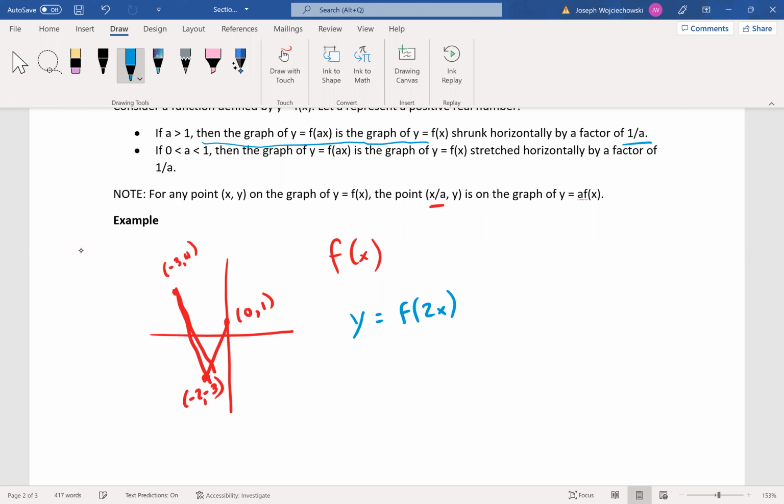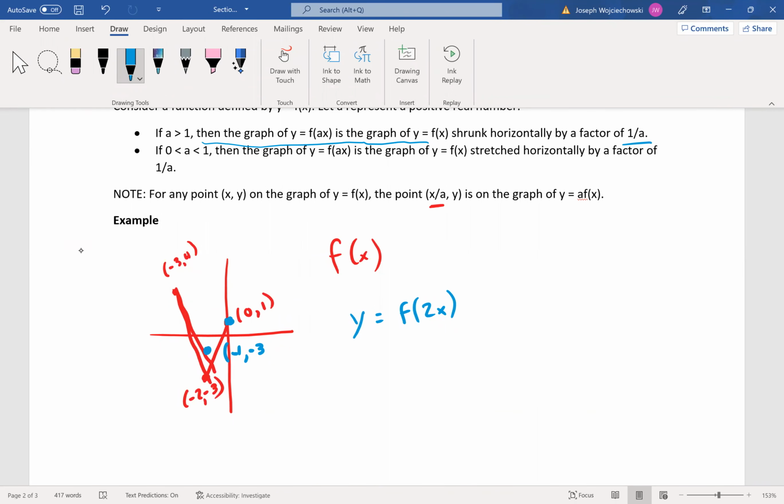So this is saying that our x coordinates will be divided by a. So we'll divide our x coordinates by 2 and leave the y coordinates the same. So 0 divided by 2, this point stays. -2 divided by 2 is -1, so we have -1, -3.